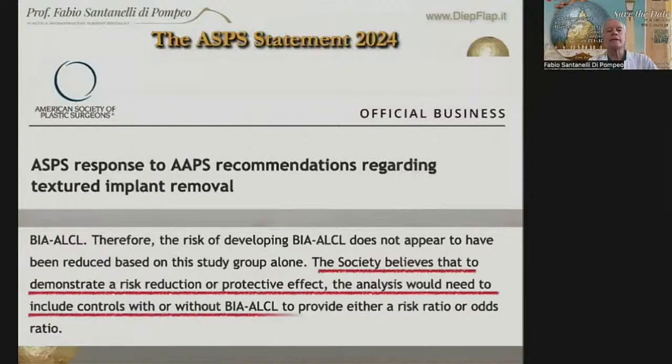So to that statement, the ASPS, the American Society of Plastic Surgeons, similar to the FDA, reacted with a statement. And the society employed a methodologist to study our paper and to find the limitations of our study, which were clearly explained in the limitations paragraph of the study.